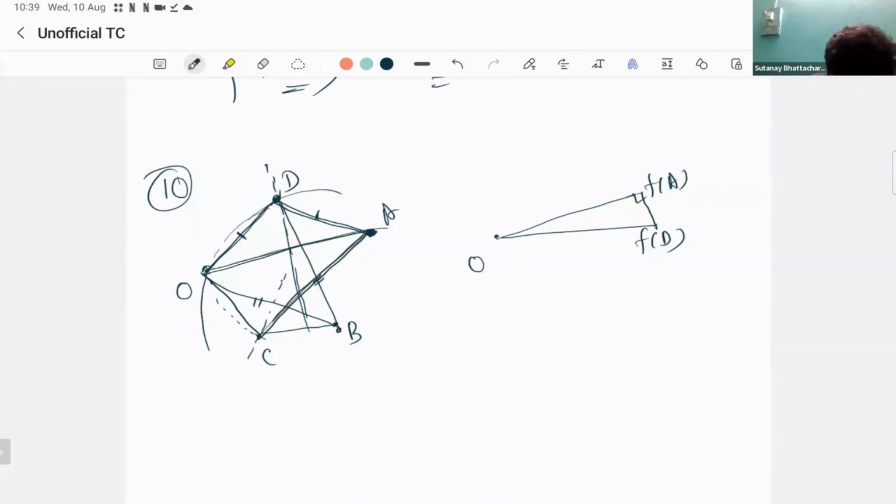So what other V's do we have here? We have this one. This means C lies on this circle with diameter OFA.